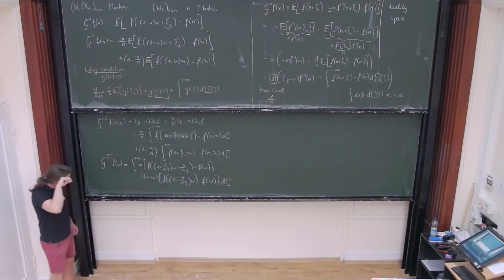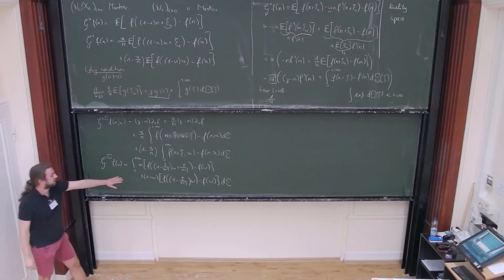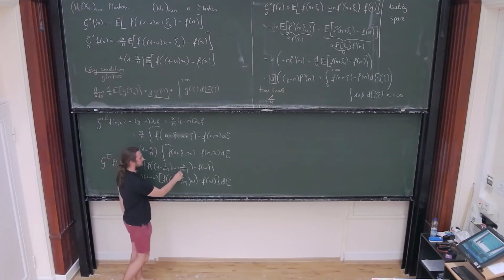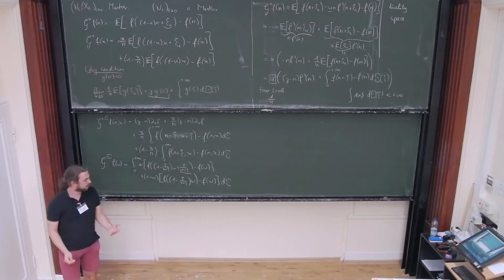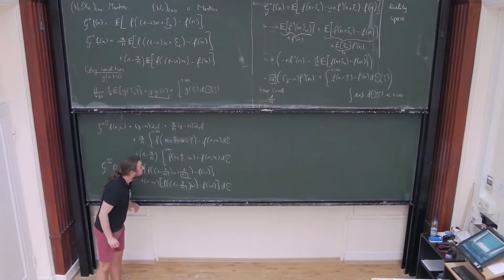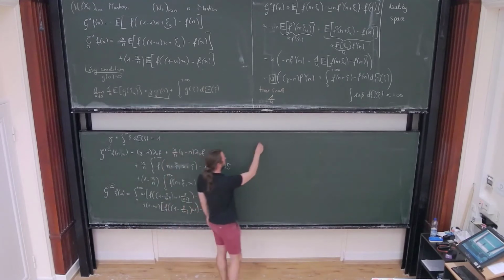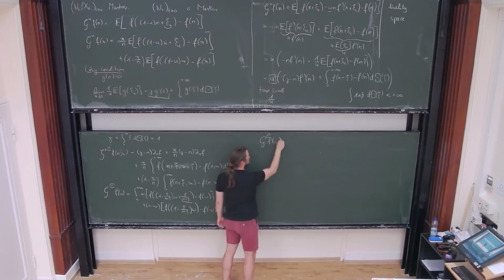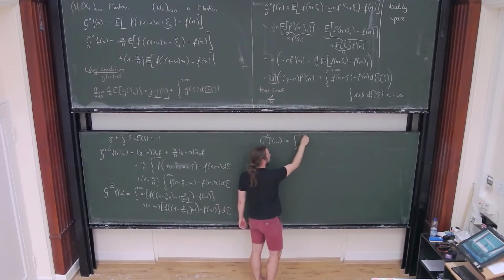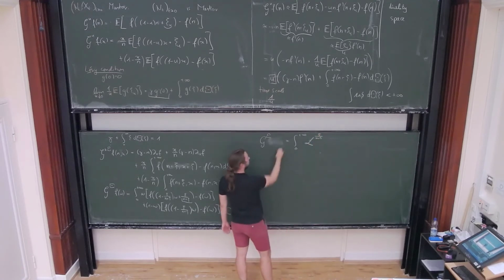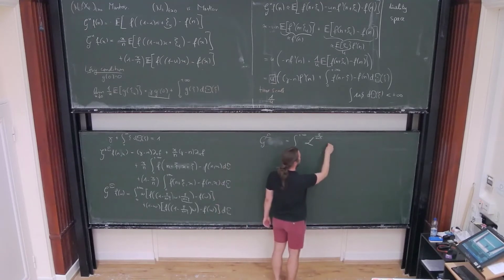Okay. Now the nice thing is that this is just the generator of the Fleming-Viot process with a very special impact. So we can rewrite this with the generator of the Fleming-Viot process with impact psi over n plus psi.